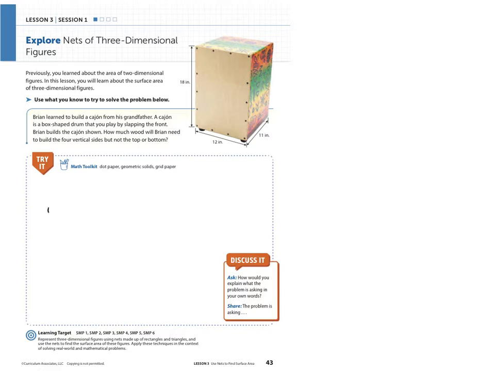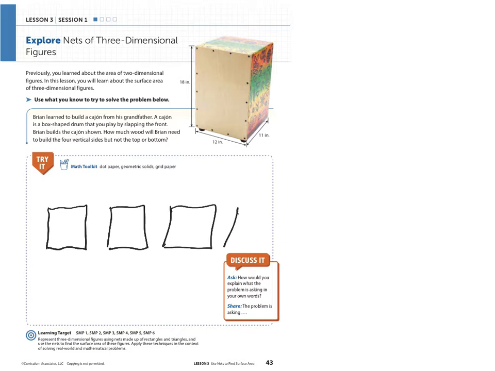So what I did when I solved this problem, I started, excuse my drawings, by drawing my 4 pieces. This is my front, my back, my top, and my bottom piece.